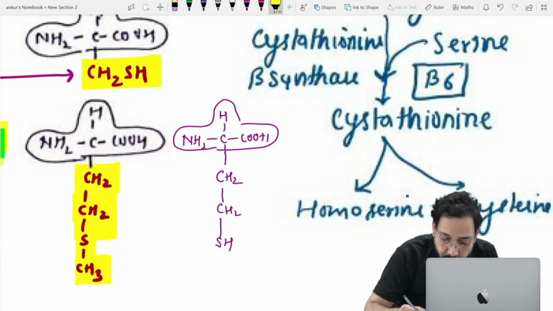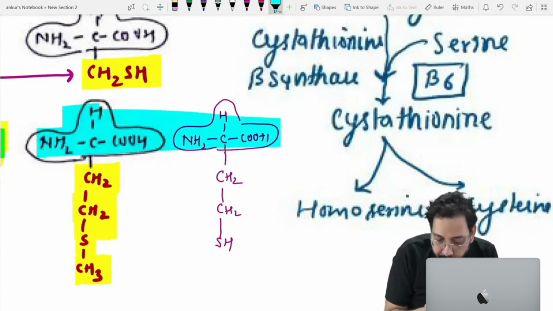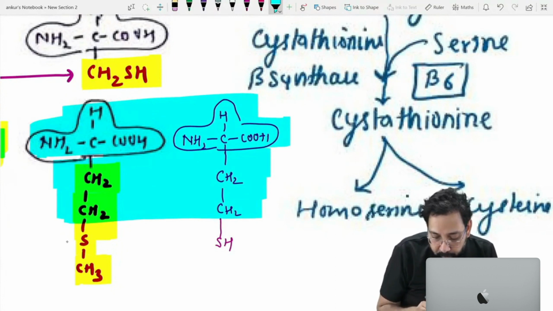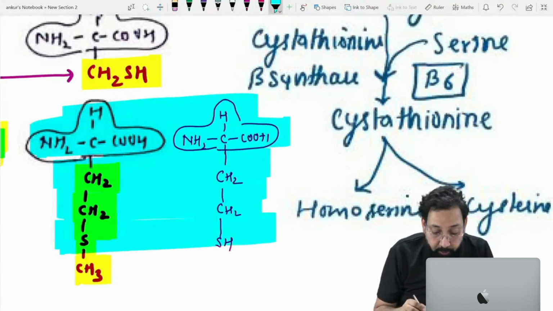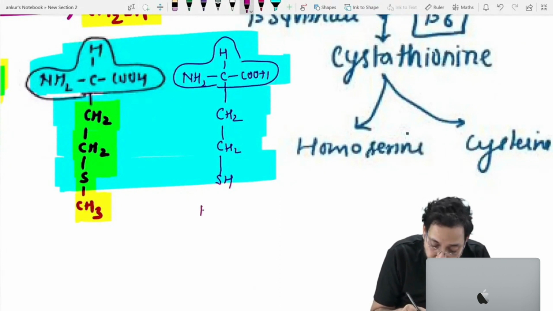You can say that this portion is common, this portion is common, this is common. You can say sulfur. The only difference between these two structures is the methyl group, and I say this is homocysteine.